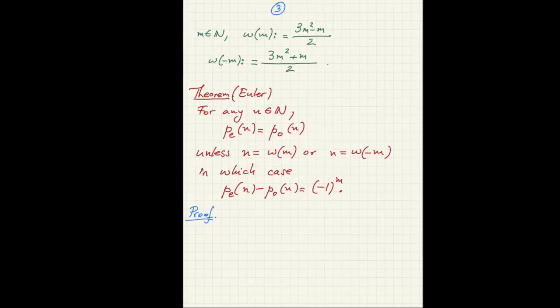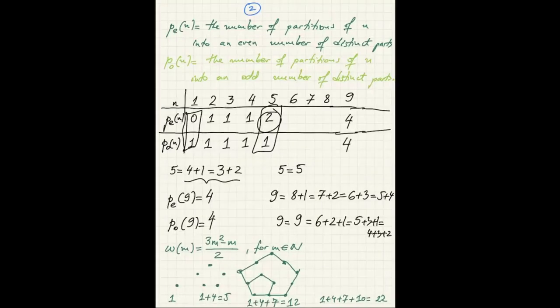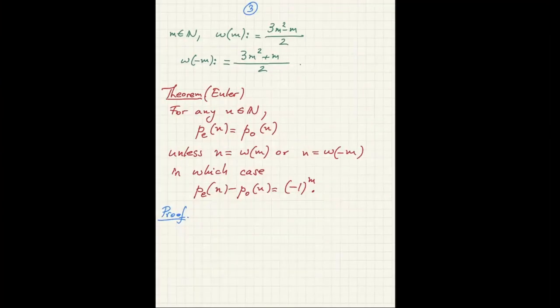We had before some of these partitions. Let's look at one of these partitions of 9, the partition 5 and 4. For the partition, let's write it 5, 4.